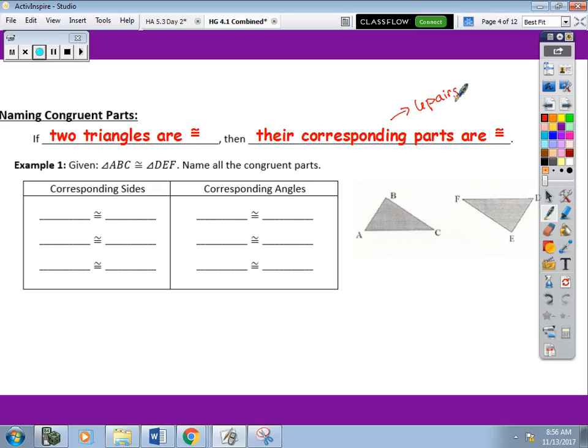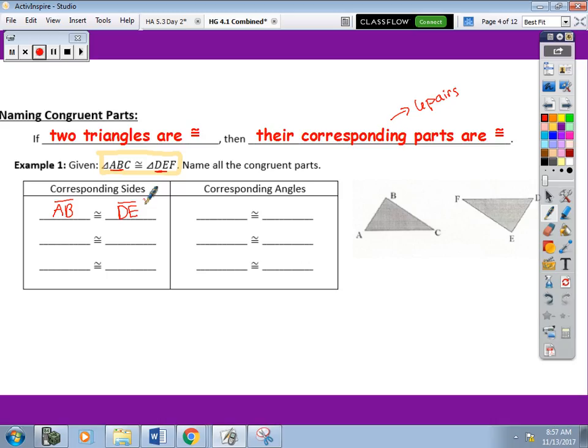Example 1 asks us just to list all the corresponding congruent sides and congruent angles. Now notice we are given this congruent statement. You actually don't need a picture at all to do this. Okay, so the picture is actually irrelevant. You can just look. The first 2 letters would be side AB are going to be congruent to the first 2 letters side DE, which we will use a segment bar because these are going to be segments.